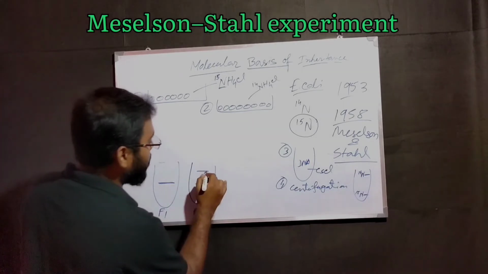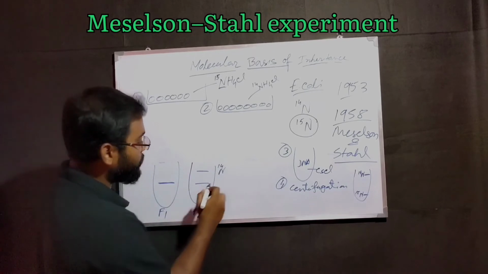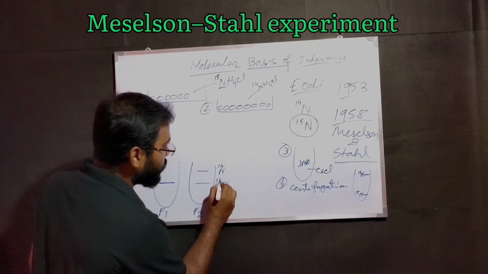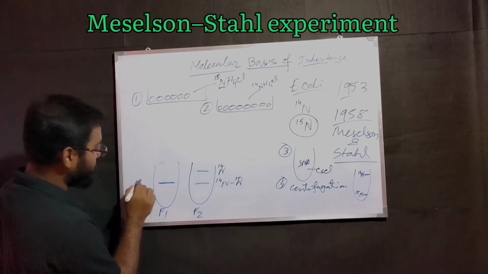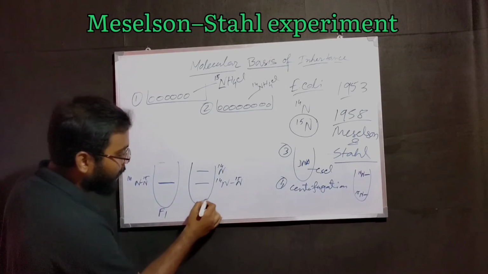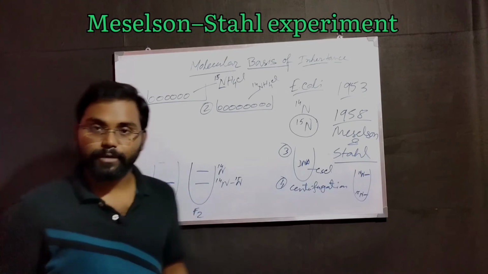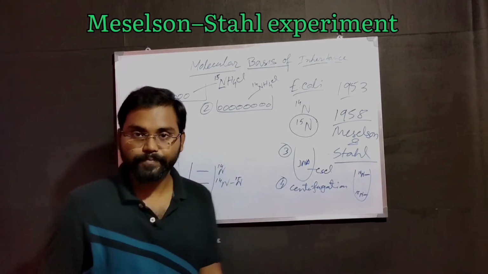That means this band is for N14 and this band is for the mixture, the intermediate part. That means it has N14 and N15. There is no band for N15. This is their observation. Now it is the time to interpret their observation.